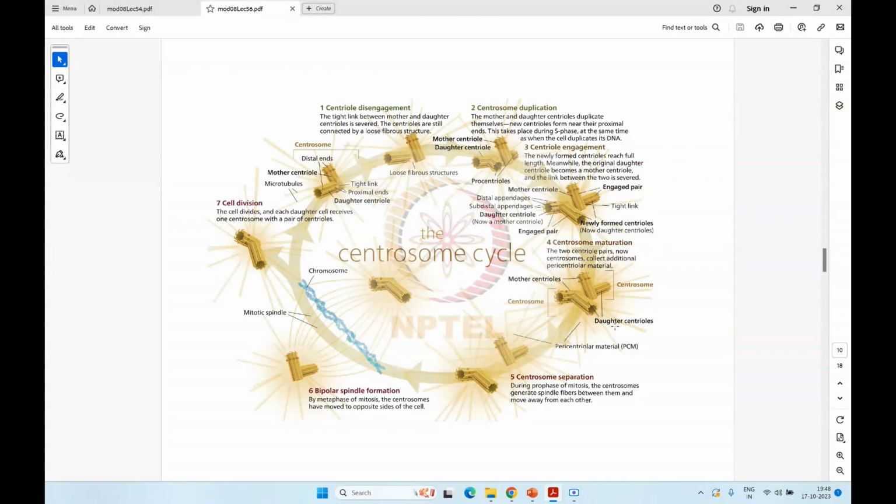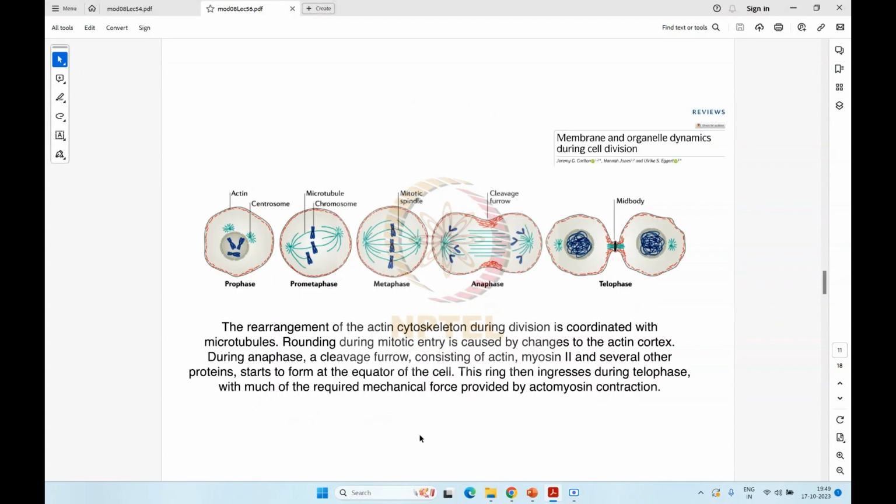Then these two pairs of centrioles are going to separate due to the microtubules. They move away from each other, and then they form the spindle. The spindle fibers arise out of these centriole pairs and latch onto the chromosomes.